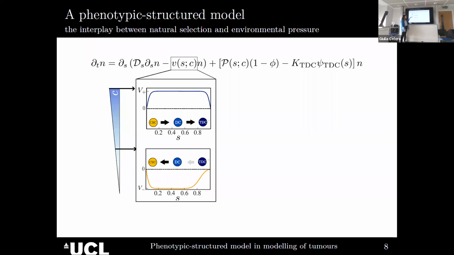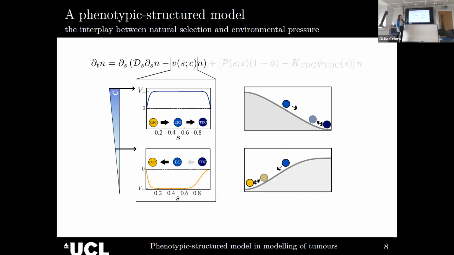While in a low oxygen environment, cells tend to de-differentiate. So we have a negative velocity. And if you were to neglect proliferation altogether, if you look at this equation, it's basically a particle in a potential.